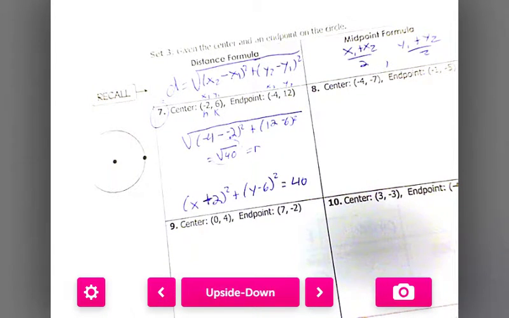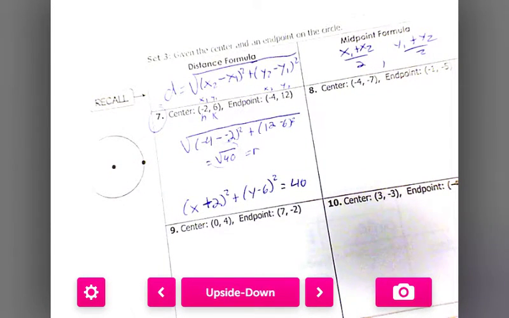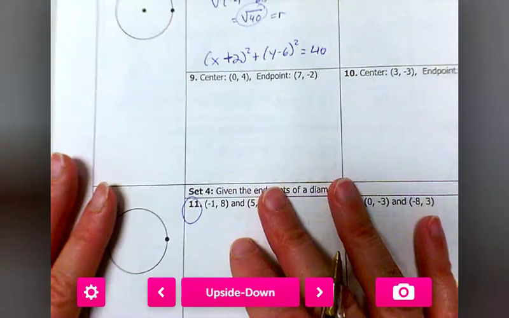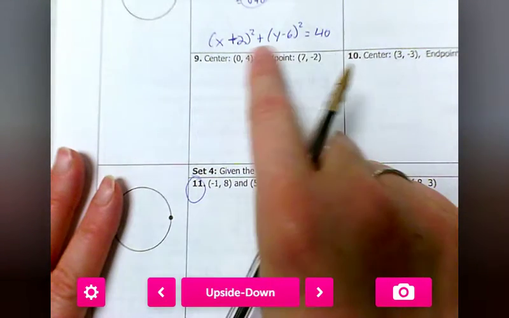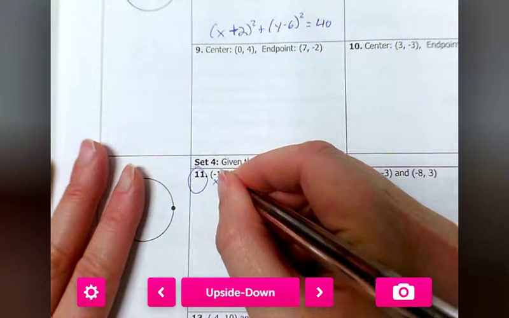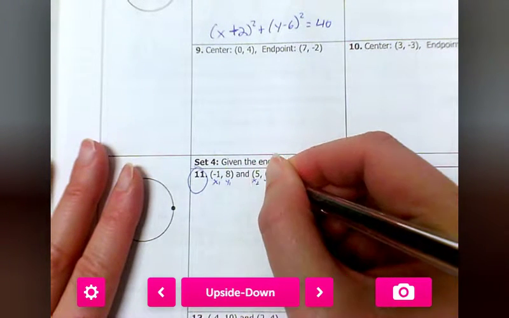Okay. For number 11, we're just given 2 endpoints. So we have to find the distance and we have to find the midpoint, because we have to find the radius and the center. Okay? So first let's find the distance for number 11. I'm leaving the answer to number 7 up there. So this is x1, y1, x2, y2.